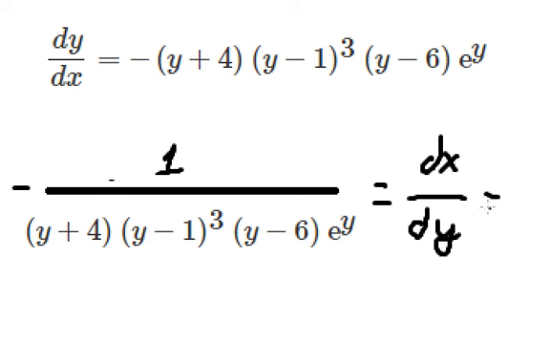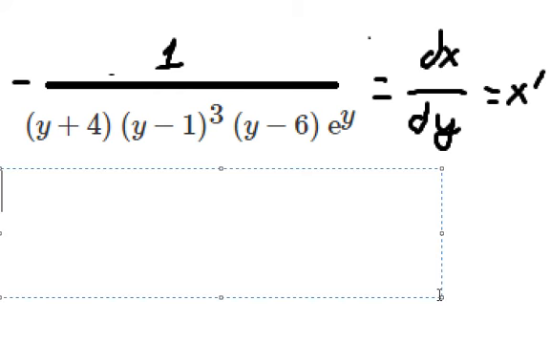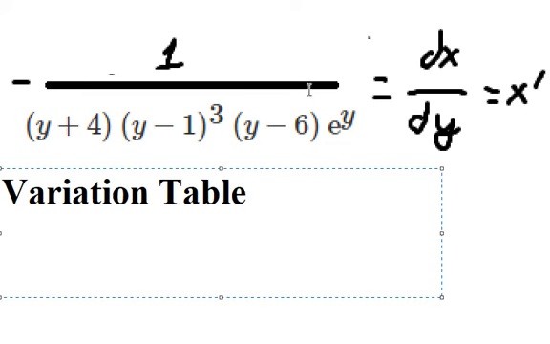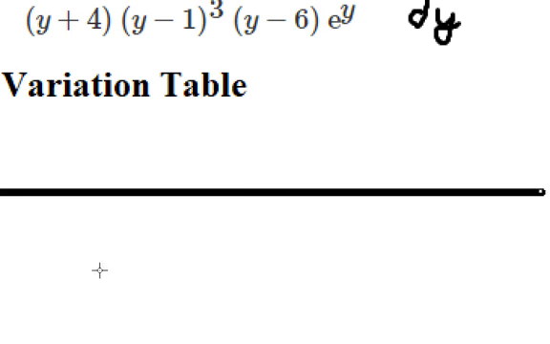And now this one is the first derivative of x. Now we can draw the variation table. So that should be like this.